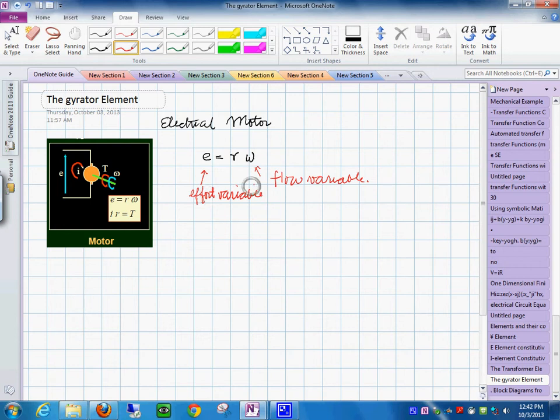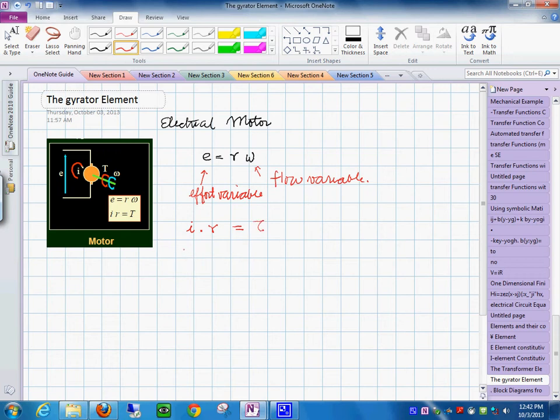So you don't have the transformation between an effort into another effort like in the transformer, but an effort into a flow, which makes this a type of transformer, but we're going to call it a cross transformer. So you have this equation. But also you have that the current I times the modulus of this is going to produce the torque.